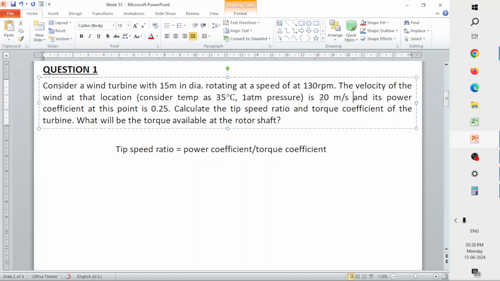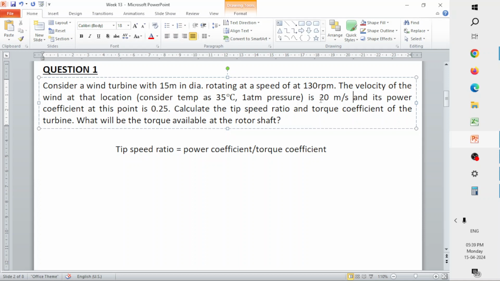They have given the conditions for that location as temperature 35 degrees Celsius and pressure 1 atmosphere. The power coefficient, that is your Cp value, is given as 0.25. They are asking you to calculate the value of tip speed ratio, torque coefficient, that is Ct, and the torque available at the rotor shaft.